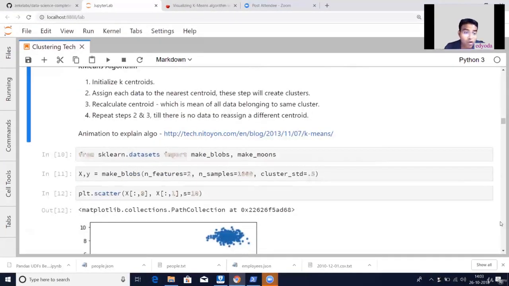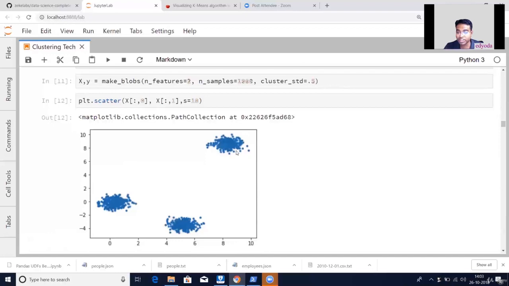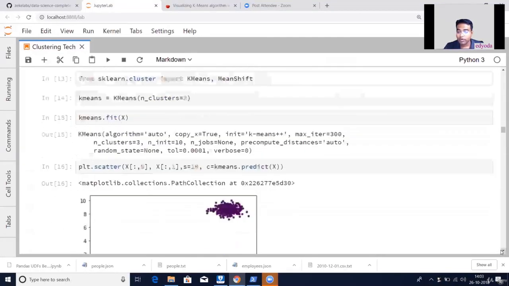Let's now do it in APIs. We are generating blobs data. We can see 3 clusters over here. Make blobs, plotting the data. We want to use k-means, and we are telling it explicitly that we want 3 clusters. That's what is required in k-means: you need to tell how many clusters you're looking for. Then we are training the model.